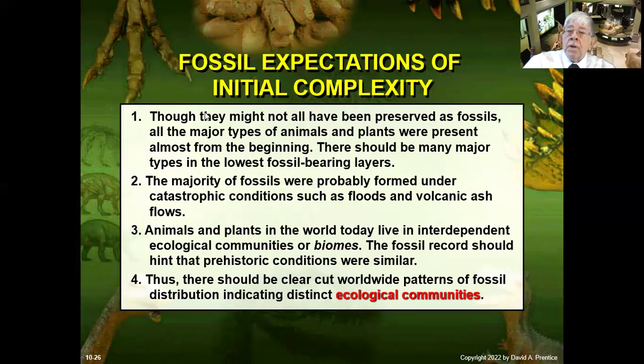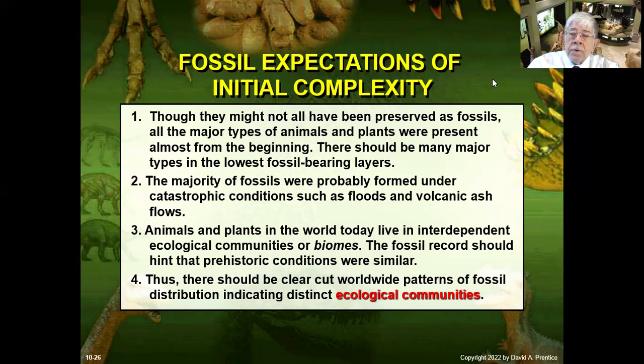So according to initial complexity creation, although they might not have all been preserved as fossils, all of the major types of animals and plants were present almost from the beginning. There should be many, many major types in the lowest fossil-bearing records. We would think that the majority of fossils were probably formed under catastrophic conditions, such as one or more floods and volcanic ash flows.